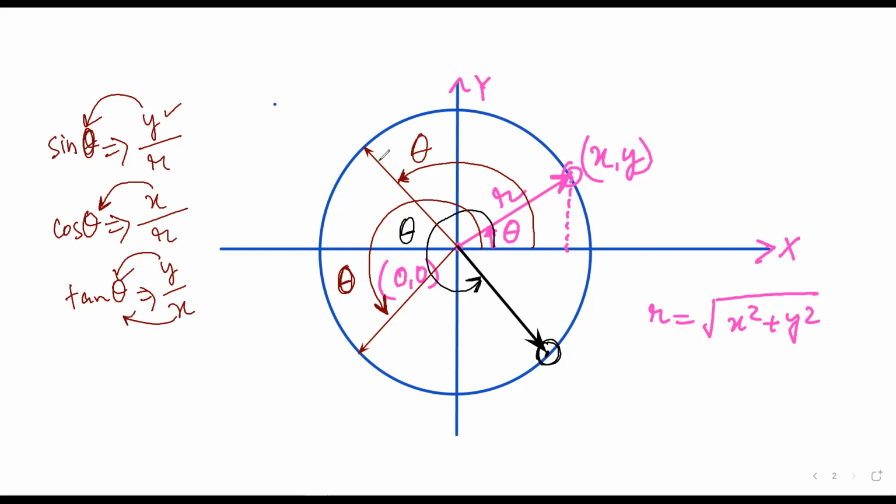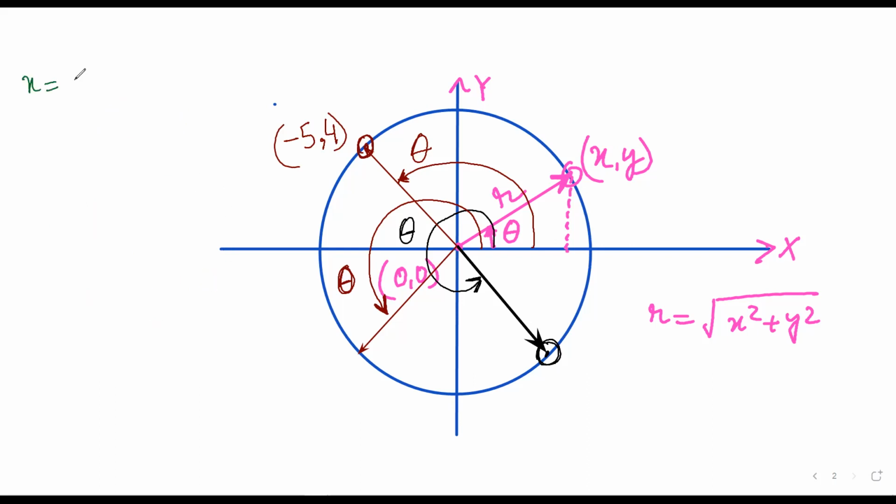What do I mean by this is, for example, if my theta comes here, so for example, this is say minus 5 comma 4. Now see how I am able to extend the definition of theta. X is minus 5 and y is 4.